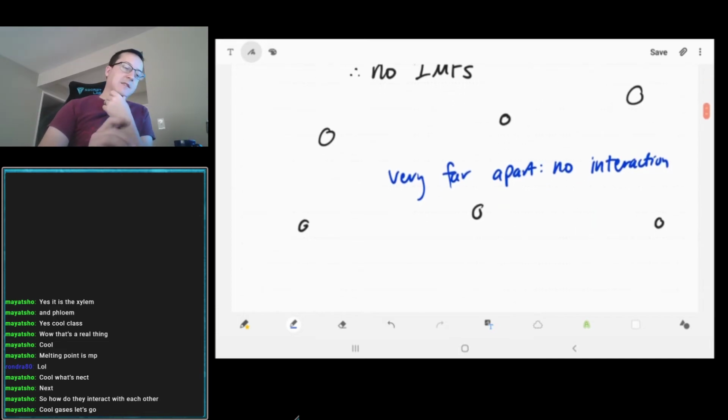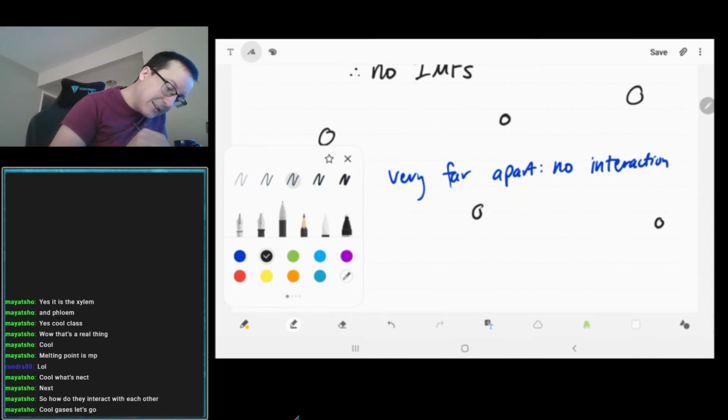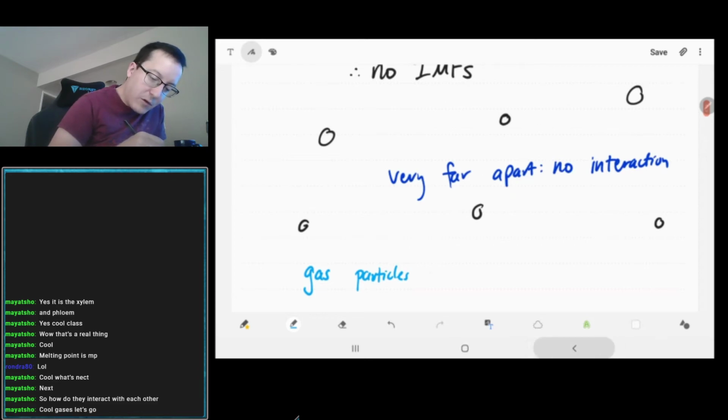We can think of gases kind of as billiard balls, which is a pretty common comparison. If you imagine a pool table and you have all these balls moving around each other, most often they just kind of slide past, or they're going past each other doing their own thing. Typically we imagine gases moving in straight lines.